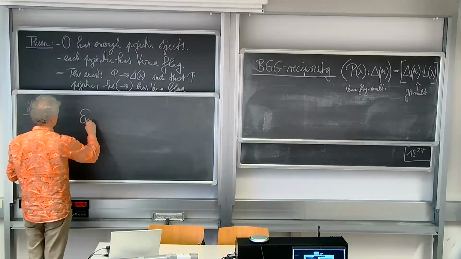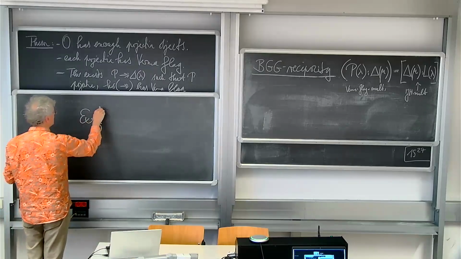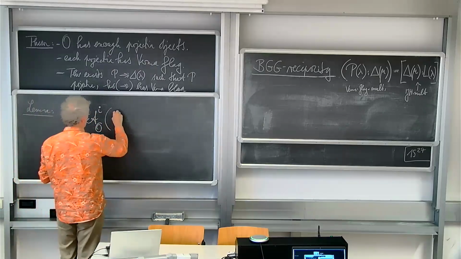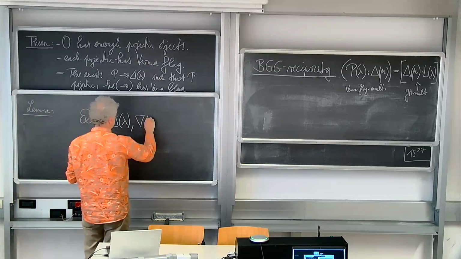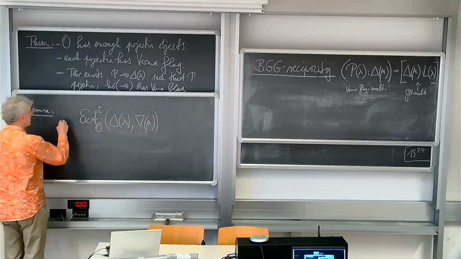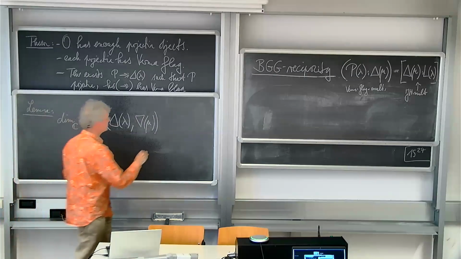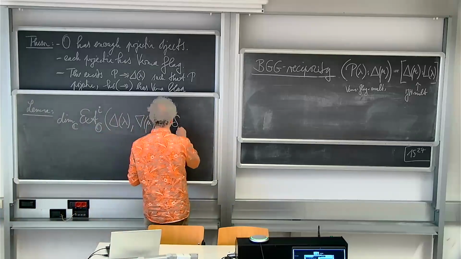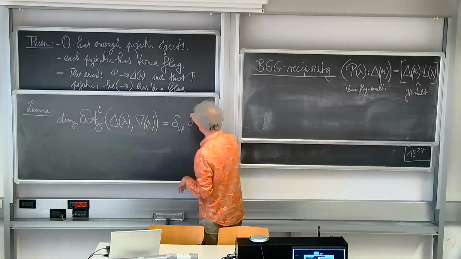The Ext groups inside the category O of a Verma module and another module, they almost always vanish. So they vanish if i is not 0, and they vanish if lambda is not mu.